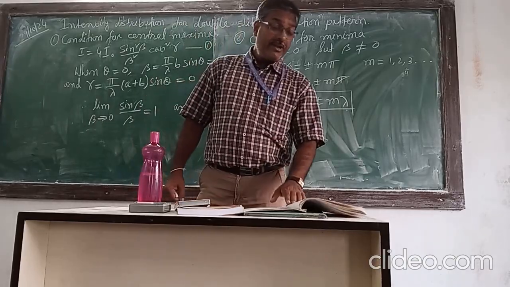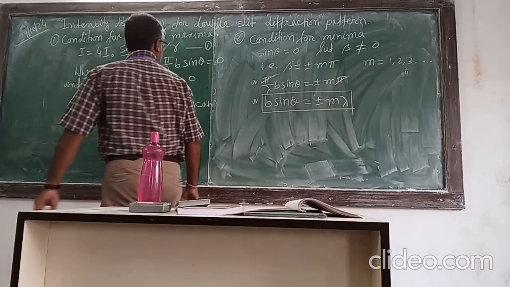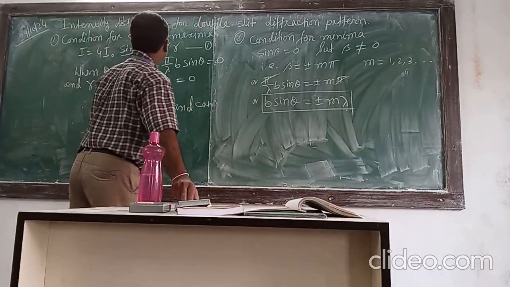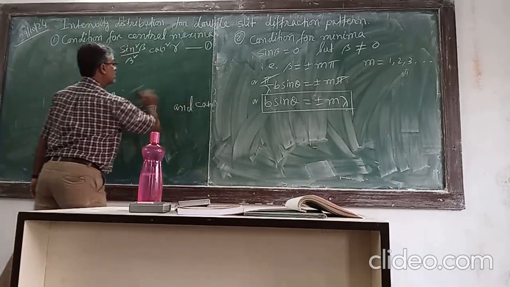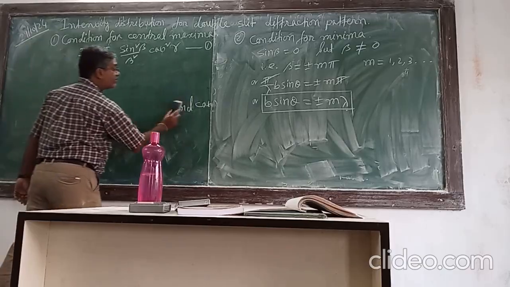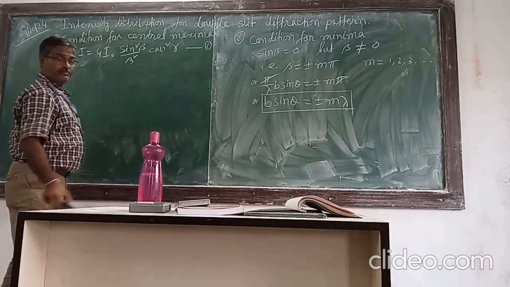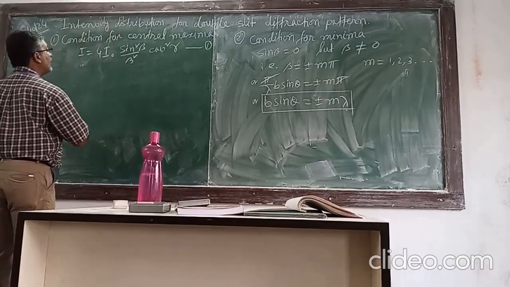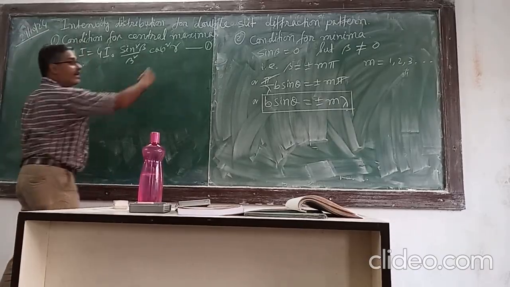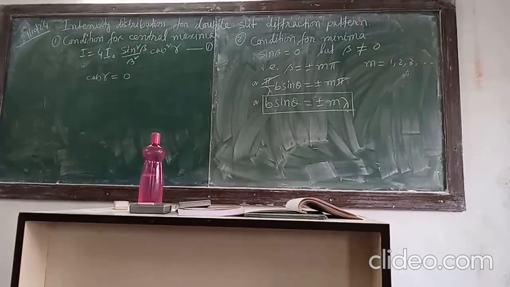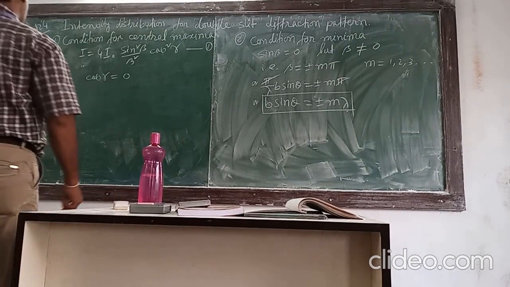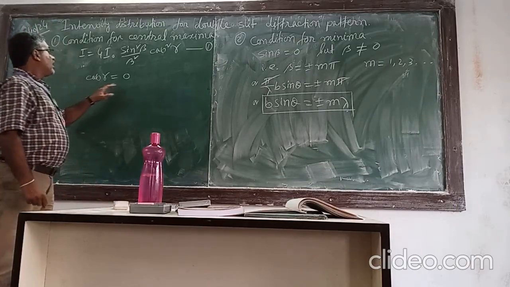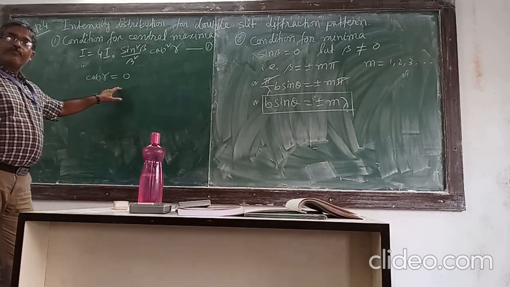For interference minima, here this is for interference, cos gamma equals 0.